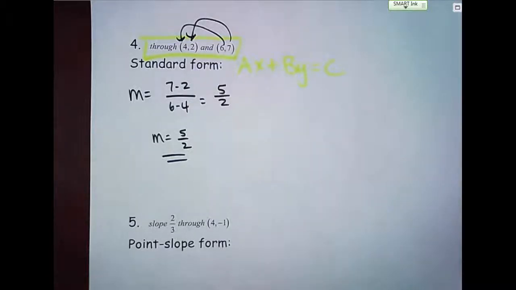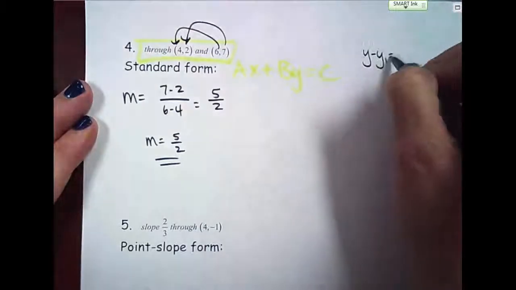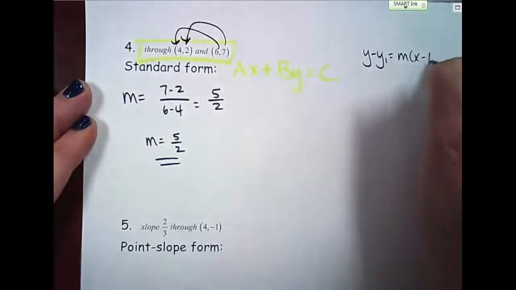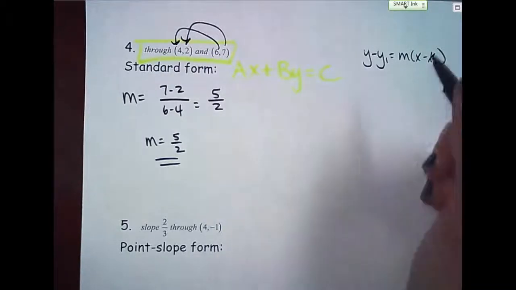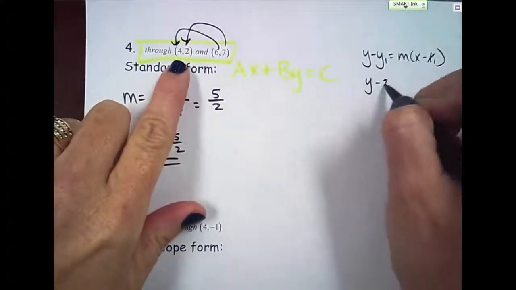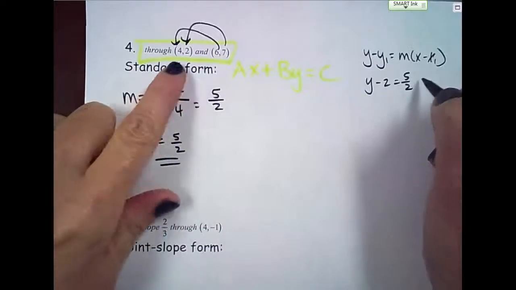Let's do the first one. The formula for point slope, if you've forgotten, is y minus y1 equals m times x minus x1. That's the formula. Go to point slope form first. I'm going to use this point. So y minus 2 equals the slope of 5 halves times x minus 4.